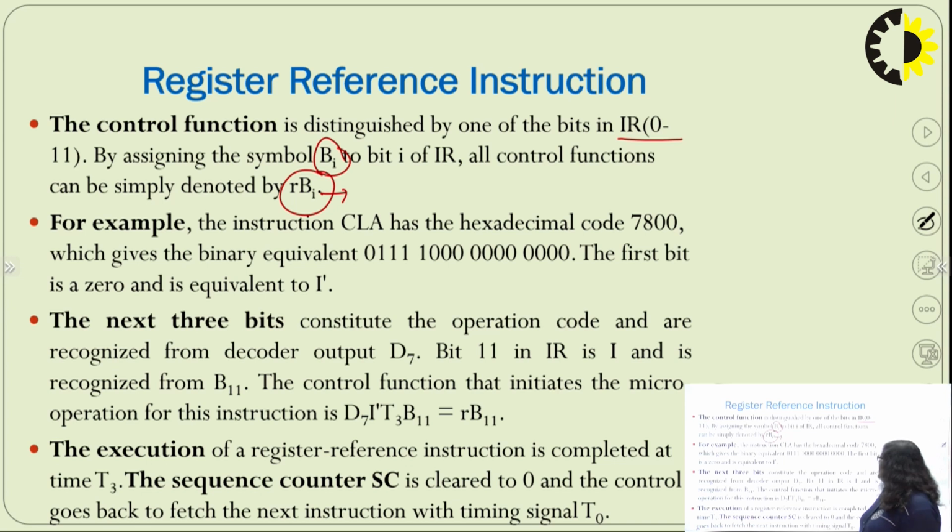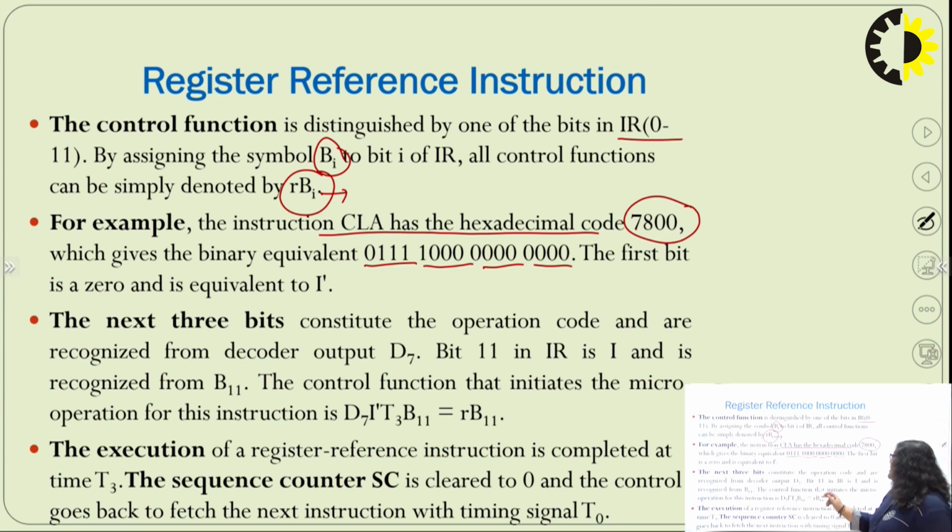This is an example of a register reference instruction in hexadecimal code, that is 7800. In binary form we represent the hexadecimal code: first 7 is represented in 4 bits as 0, 1, 1, 1; 8 is 1, 0, 0, 0; and the two 0s are 4 times 0 each. This is the example in binary form.